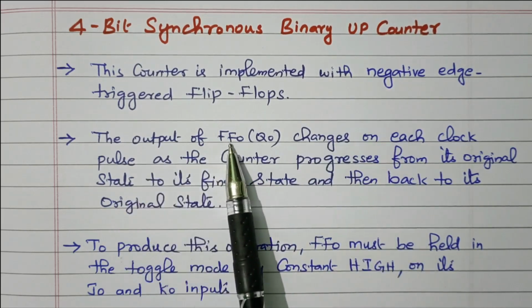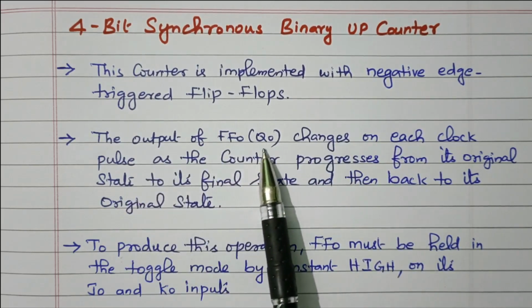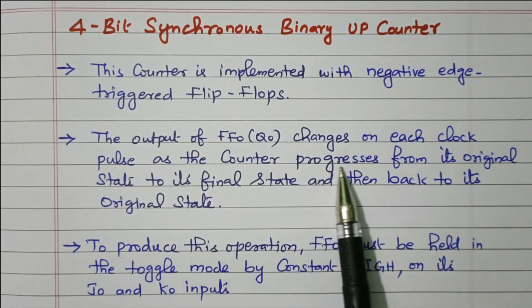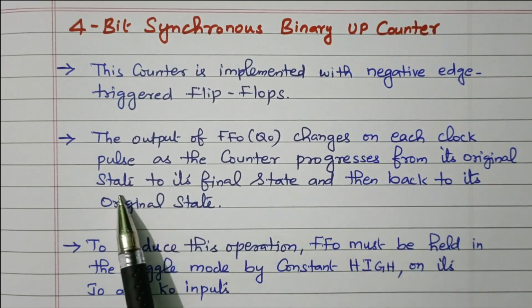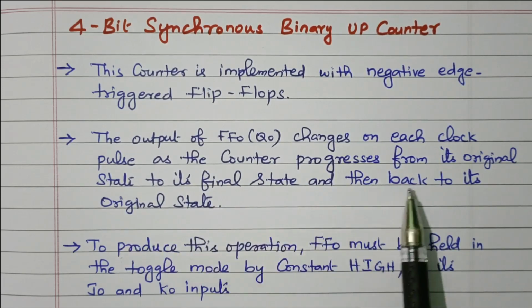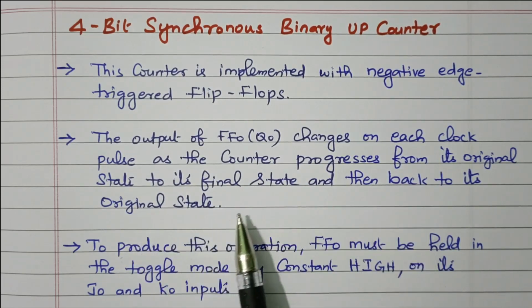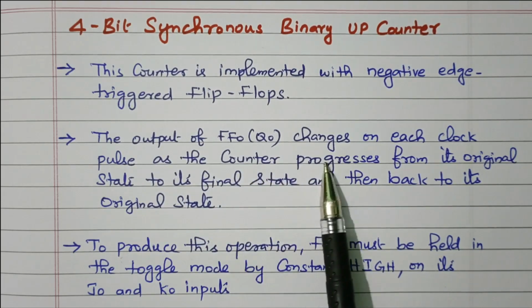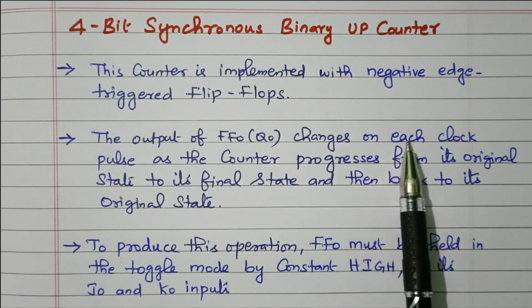The output of F0, the first flip-flop, Q0, changes on each clock pulse as the counter progresses from its original state to final state and then back to the original state. So our requirement is that the first flip-flop output should continuously toggle on each clock pulse.